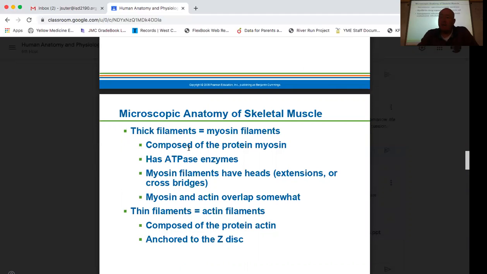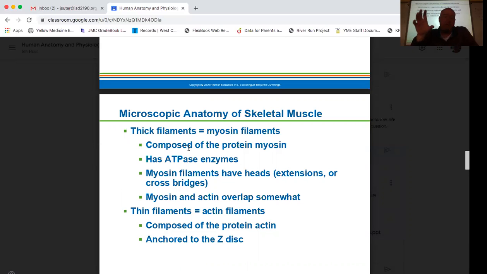Now, if you remember back to 10th grade bio, ATP synthase is the place where ATP is made. ATP is the chief energy source for cells. And guess what? In order to contract and relax, our muscles need energy. So the binding sites for the enzyme ATP synthase is going to be a really important part of the contracting of the muscle cells.